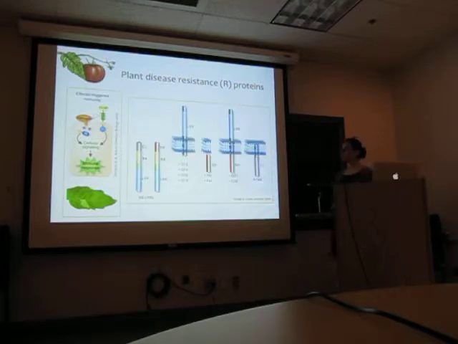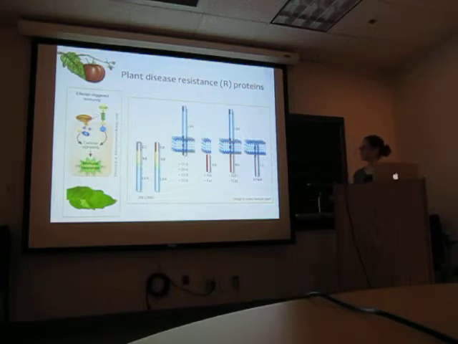And there are 5 classes of plant disease resistance proteins that have been characterized. The vast majority of them are what we in the field affectionately like to call nibblers. So the NB stands for nucleotide binding, that's this central conserved domain. And the LRR is a leucine rich repeat domain that's more variable and seems to confer the recognition specificity of these proteins. And then the N-terminal domains are also variable.